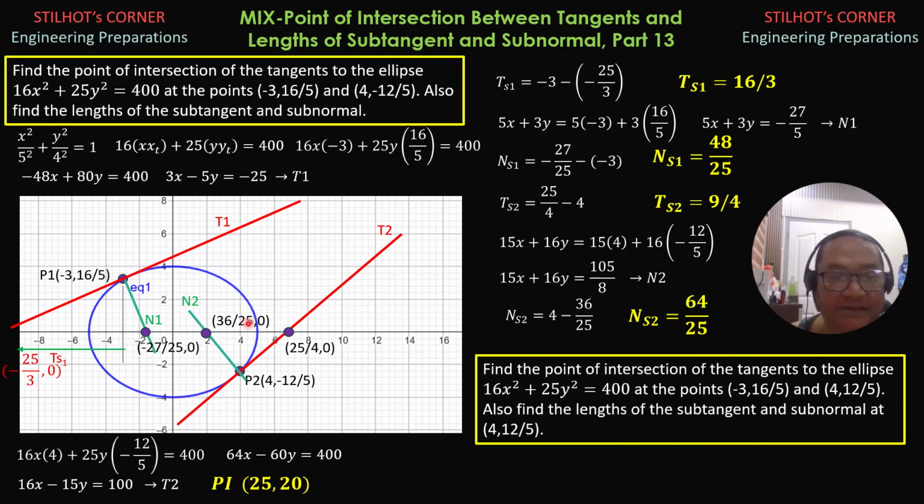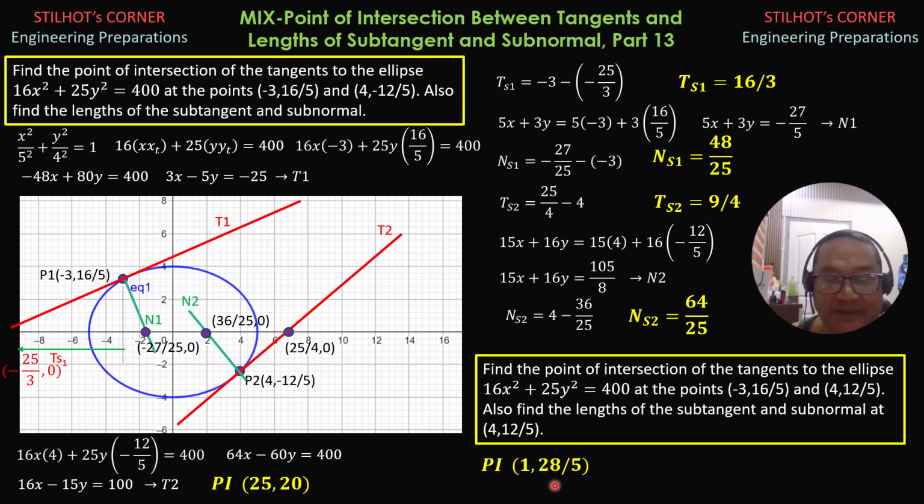So that's it for this part. And for your part, I extend this problem. Find the lengths of subtangent and subnormal at the point there, 4 comma 12 over 5, and I want you to find the intersection of this tangent and tangent 1.